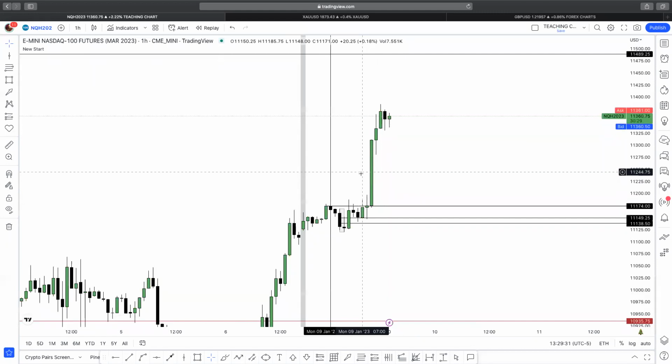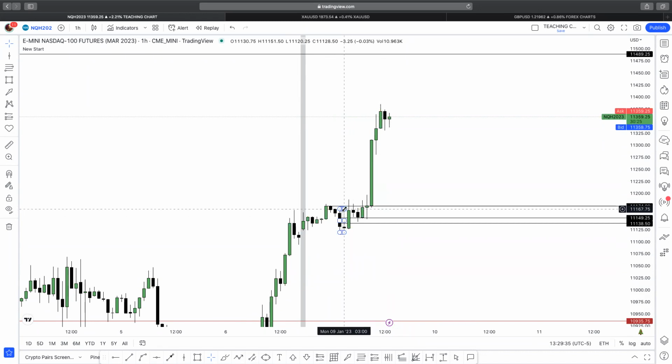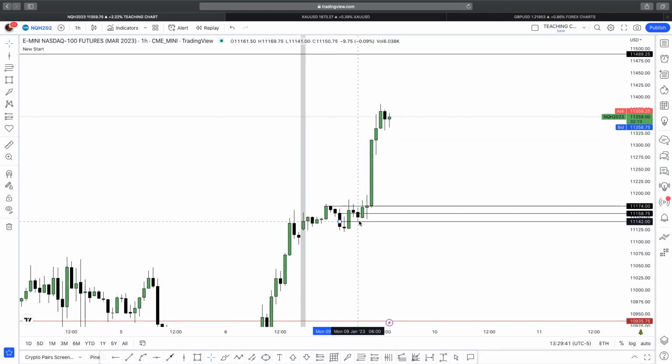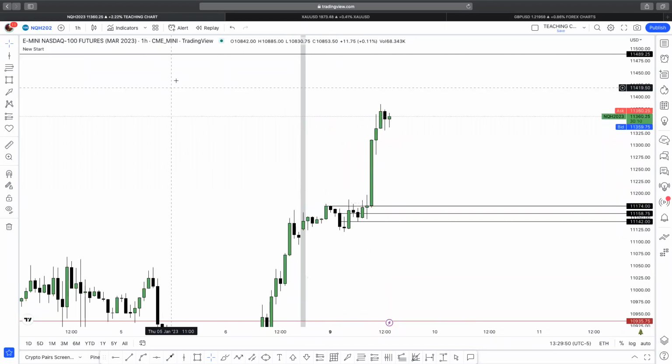Imagine you just didn't concern yourself with the higher time frame and then the lower time frame, and you just said, hey, this is my order block. This is my main threshold. Once they break this, this is now my mitigation block. What if you just made it that simple?